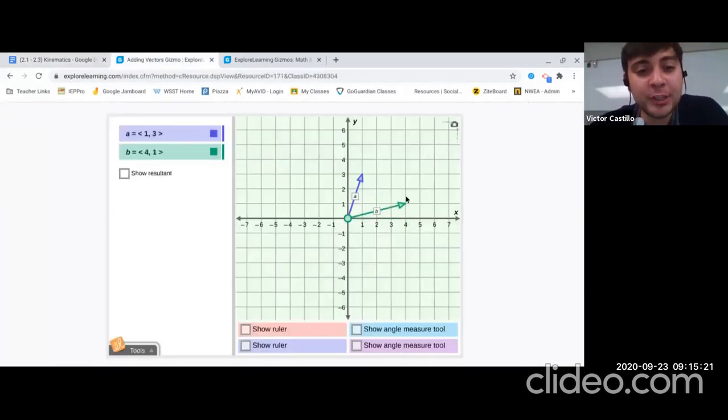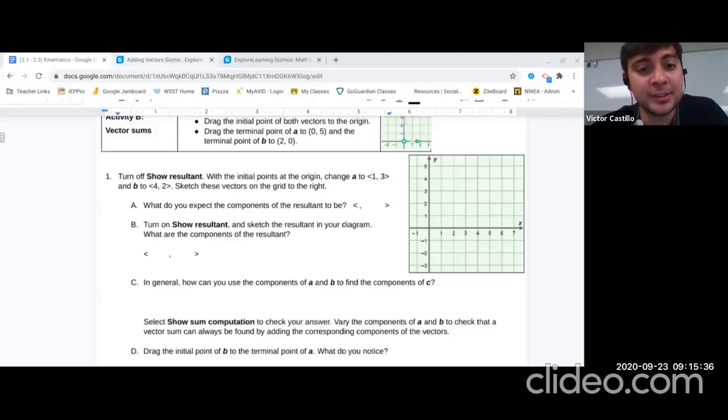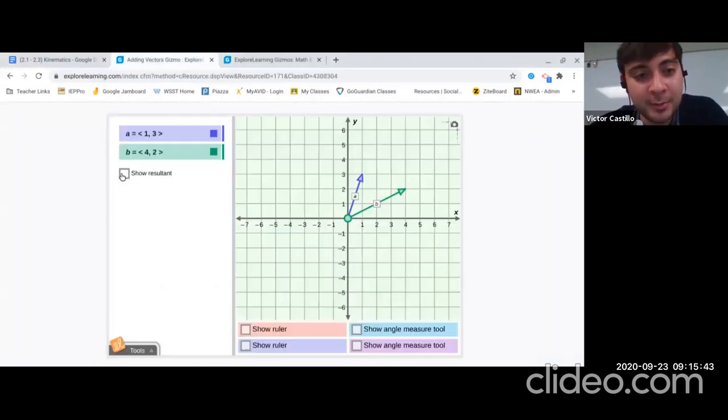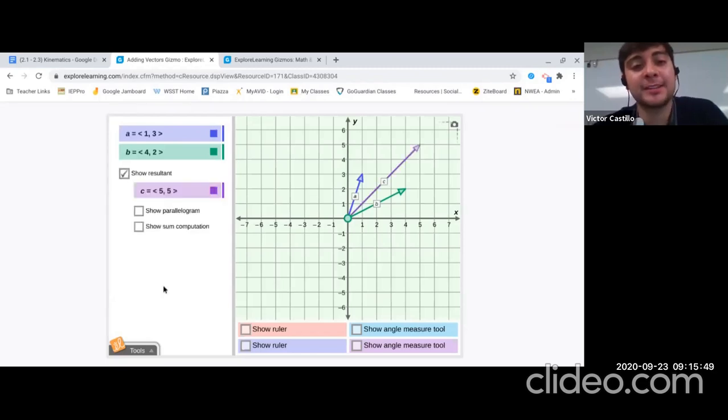What do you expect the components of the resultant to be? Let's turn on the resultant. Click on show resultant, right below the blue and green rectangle on the top left. Boom.